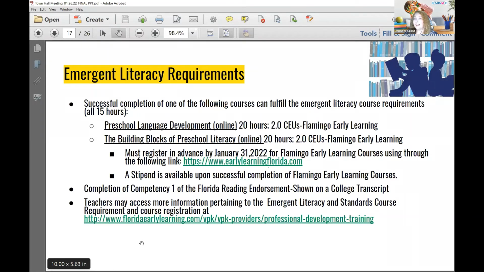So for your teachers that have to do this, if they can do this course and receive a stipend, that's one way to hopefully encourage them to participate. Completion of competency 1 of the Florida reading endorsement shown on a college transcript is another piece that's allowable here.